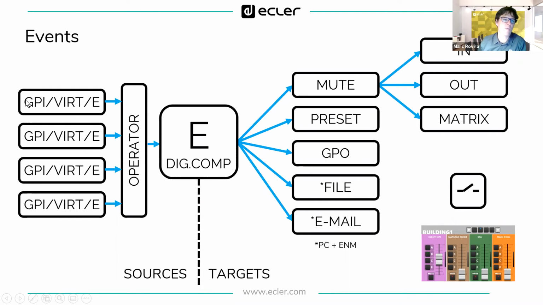To combine these three sources, you get an operator here, a Boolean, logic operator. This would be AND, no? If this and this and this happens, then make an action. So we can create different combinations of sources in order to activate an event.